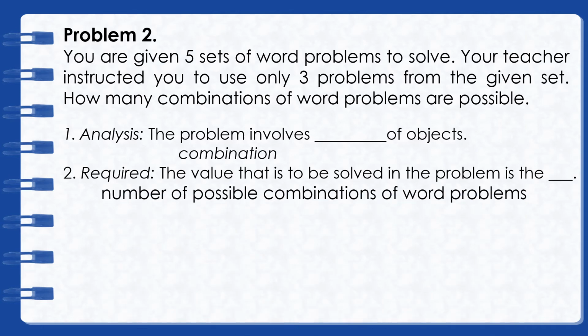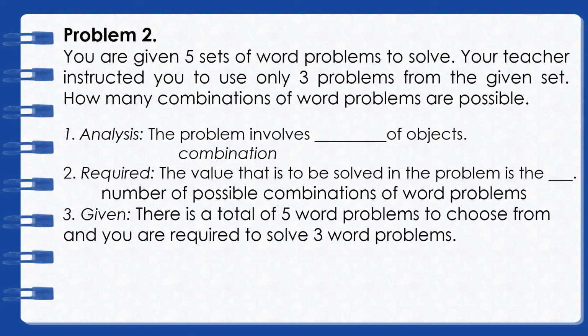The number of possible combinations of word problems. Third step, what are the given? So, there is a total of 5 word problems to choose from. You are required to solve 3 word problems. After the given, what is the formula that we are going to use?